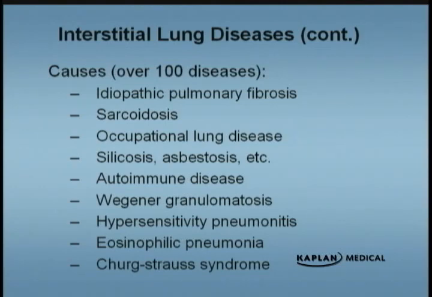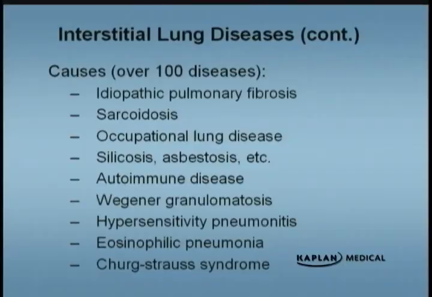Now look at this. This is all the interstitial lung diseases. There are over 100. Some people say it's probably over 200 diseases, and there are a lot of them here, and we're only going to cover certain of them. Basically, just to give you an idea, when you see intrapulmonary restriction and a ground glass appearance on the x-ray, there are a lot of diseases you need to cover. That's why you do the high-resolution CAT scan and the biopsy.